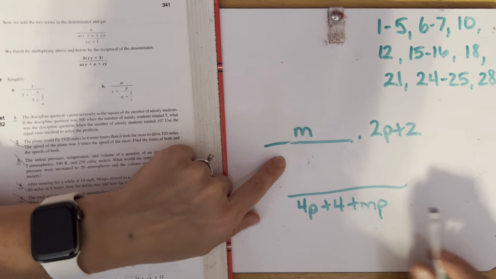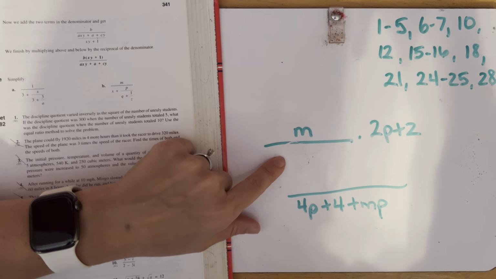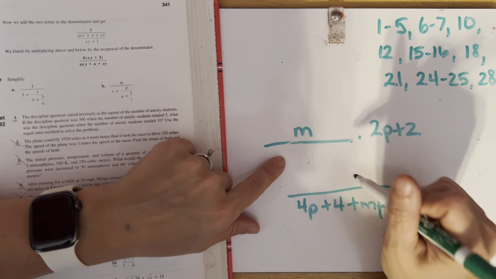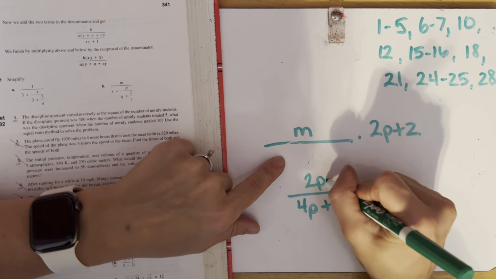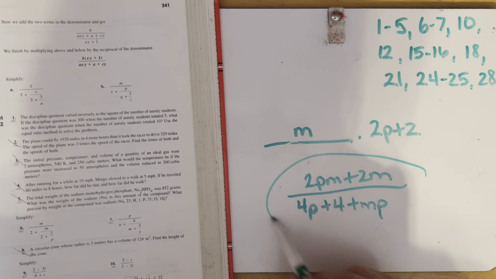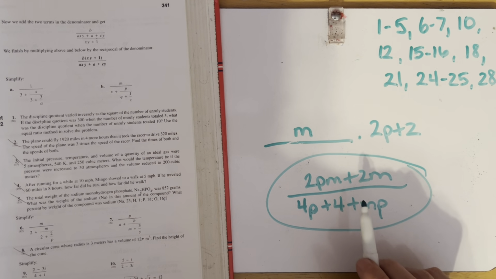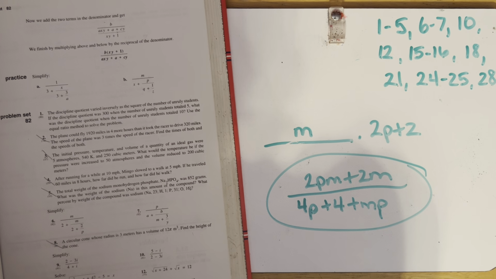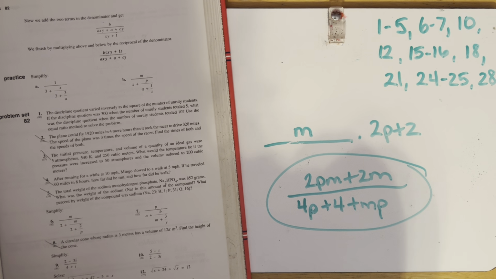Or you just have them written all over your page. Because I have a whiteboard, I can do some erasing, but I don't have as much space to write. So m times 2p, so 2pm plus 2m. And then this would be your final answer. Okay, so that was number 6. Just checking that I had that correct.